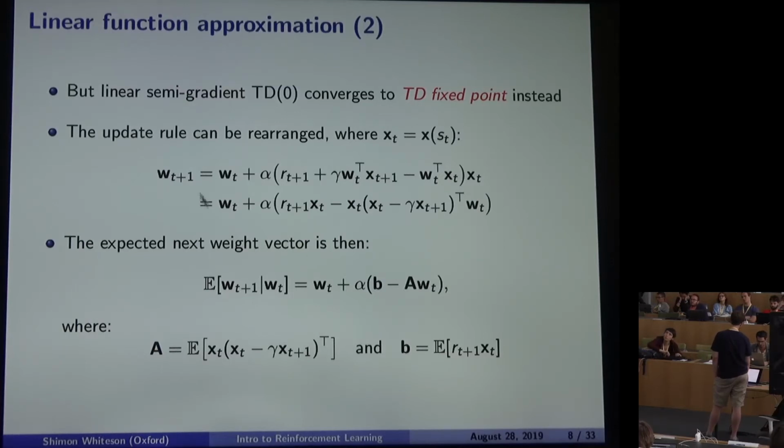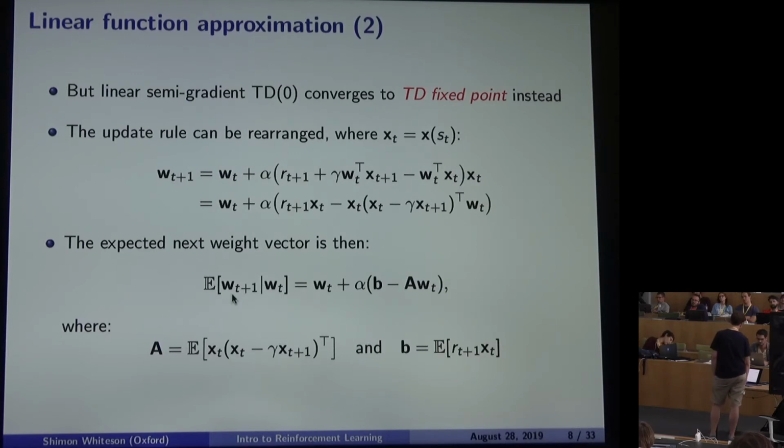So I'm doing stochastic gradient descent here, right? I have some sample. I was in some state, I got some sample reward and some sample next state, and then I use that to perform an update. Now we can ask ourselves, what would the expected update be? If from this given state I were to generate many sample rewards and next states and perform all those updates, what would the average update look like?